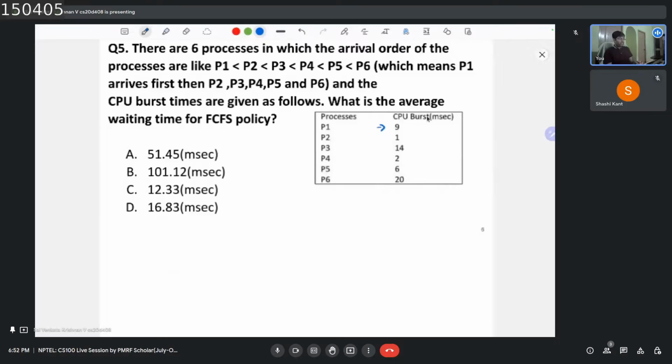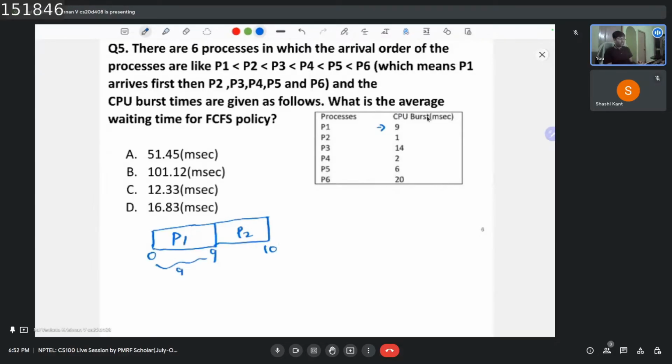So P1 came first, so P1 will be given execution. So for 9 time units, P1 would be given execution, and followed by that P2 would be given execution because P2 next came. So that is for 1 execution.